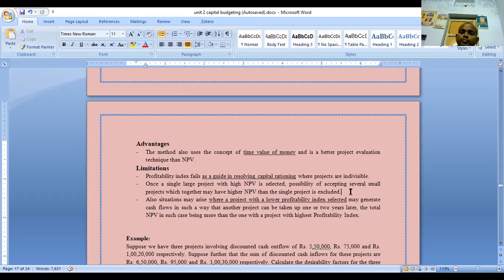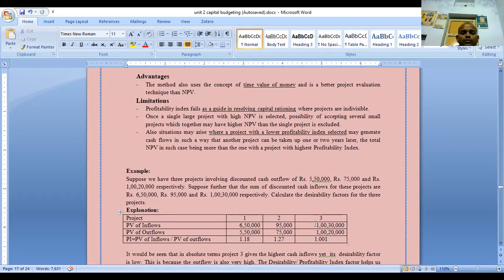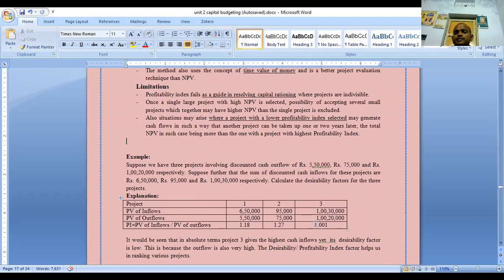So instead of selecting one, it is better to select several projects together which may have the higher NPV. So I am explaining this profitability index with an example.